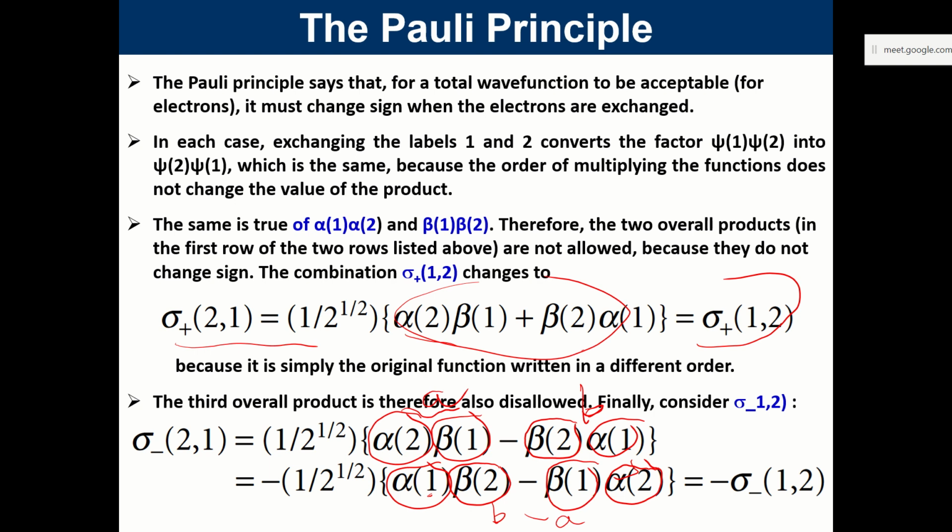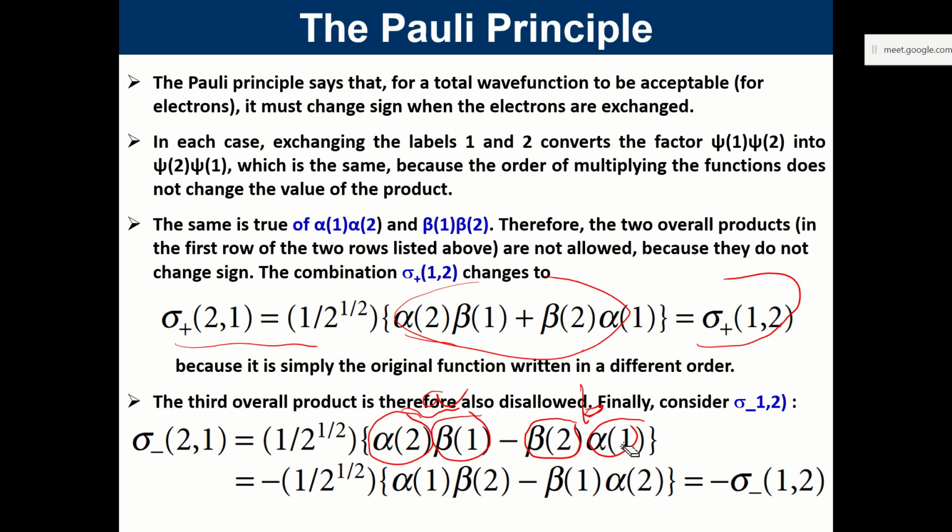So then we find that yes, now the sign is changing. If we write it like this, the negative sign is over here when you are writing it this way. So exchange of labels brings about a change in sign.